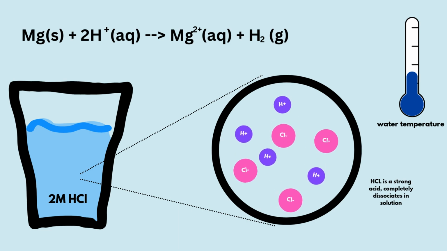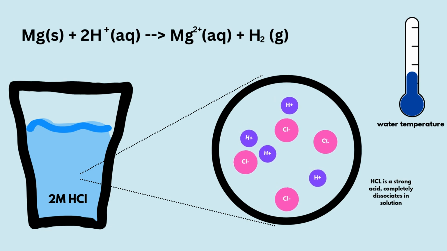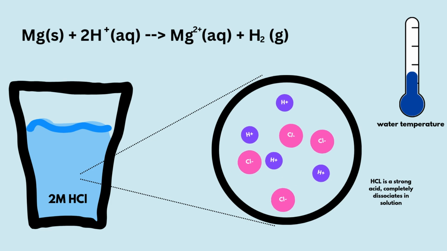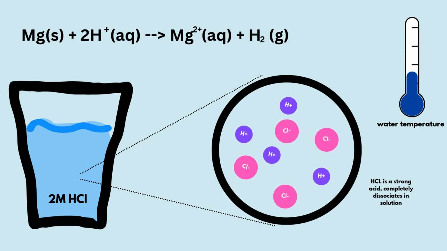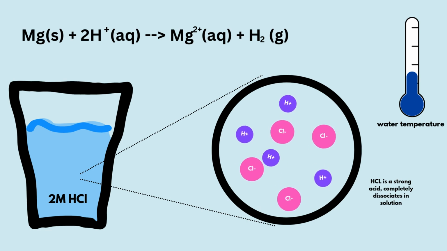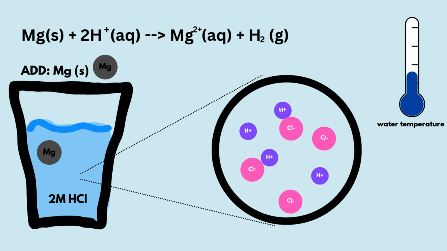First, let's look at magnesium solid reacting with aqueous hydrogen ions to make hydrogen gas and aqueous magnesium ions. In our lab, we used HCl, a strong acid that fully dissociates, to get our hydrogen ions. Then, we added solid magnesium.